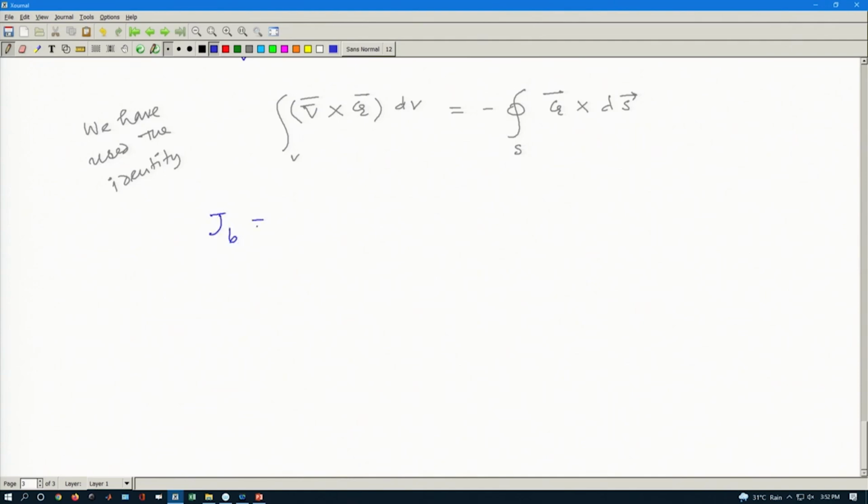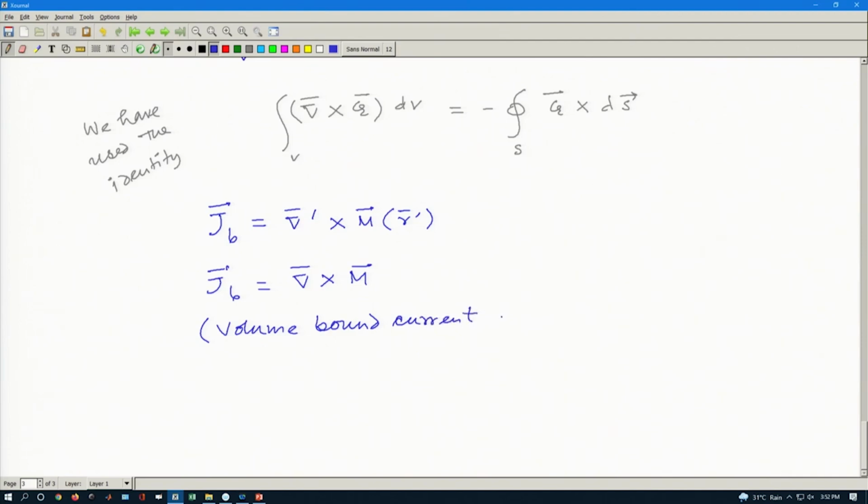One is the bound current density, JB, which I define as the curl of M, a function of r prime, and simply I can write it as curl of M, dropping the prime notation. That is one definition, and this is called the volume bound current density.